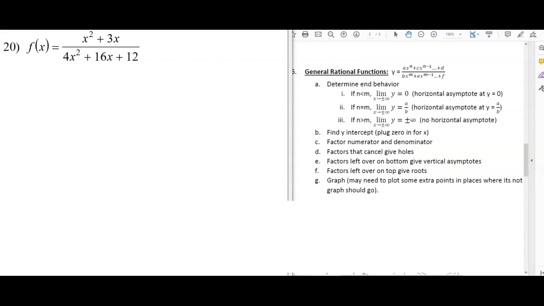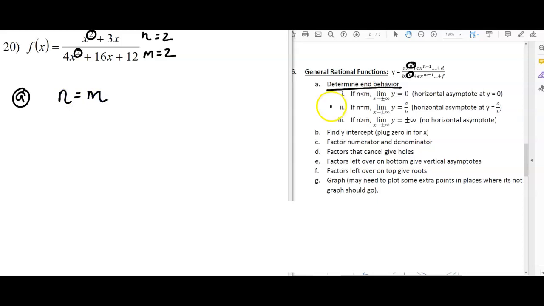All right, so step 1. Determine the end behavior by looking at n and m. So in this case, my n is 2, and my m is 2. And therefore, n and m are the same. They're equal to each other.